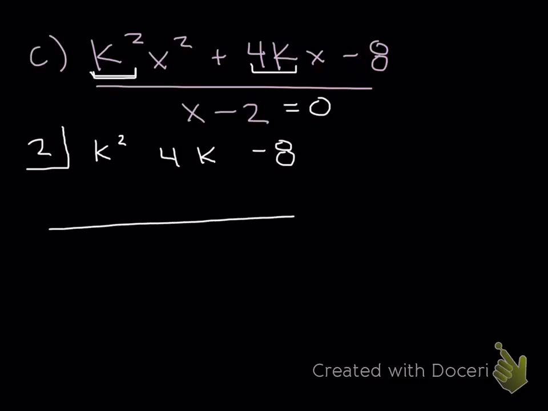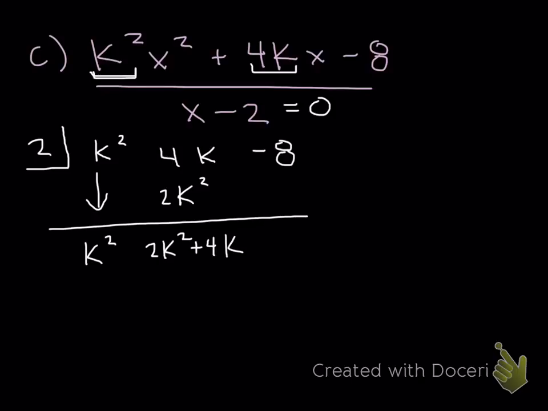So again, we're going to go through that whole idea of multiply, add, multiply, add. It's very similar to the last one in the fact that I still have variables and I can't combine every term, but now the variables are located in the coefficient spot. So I'll drop my k squared. 2 times k squared will become 2k squared. When I add straight down, I'll get 2k squared plus 4k.